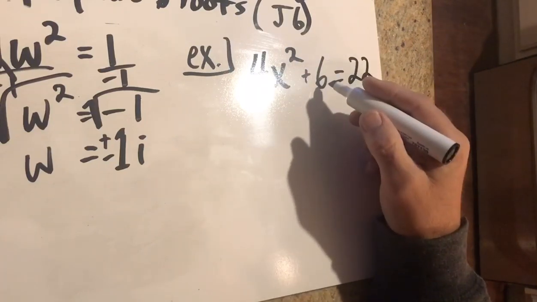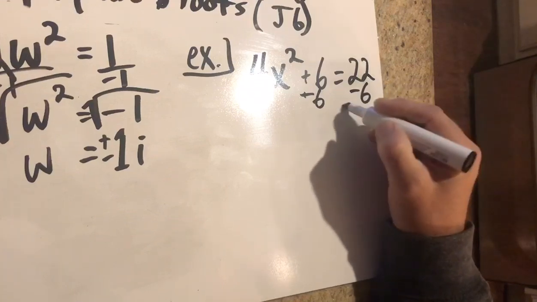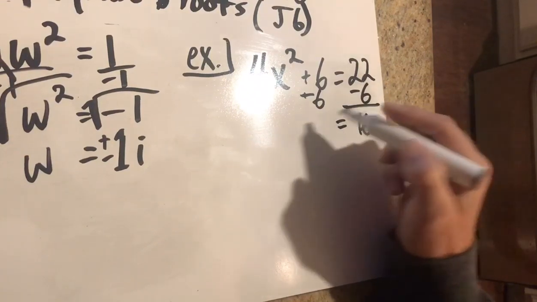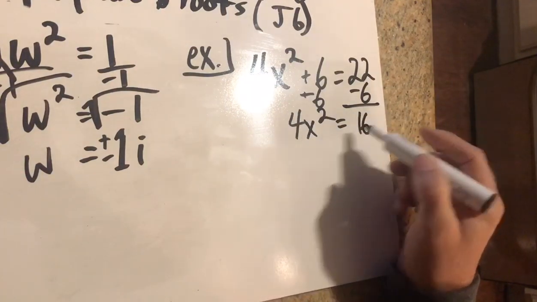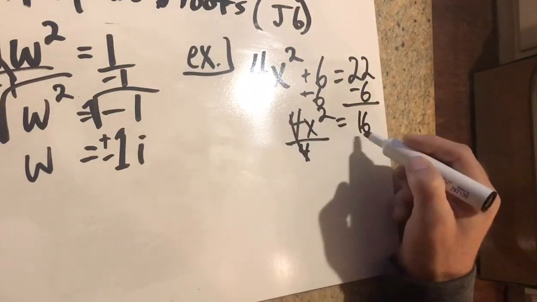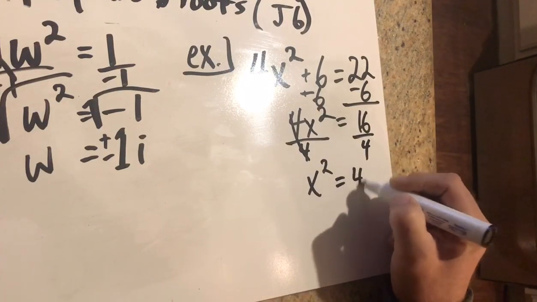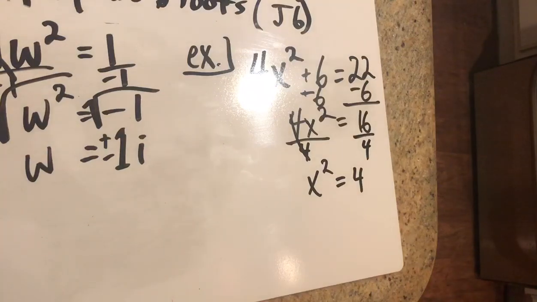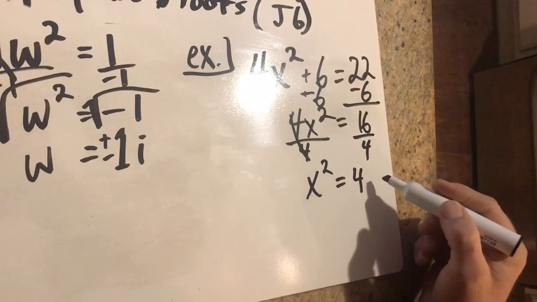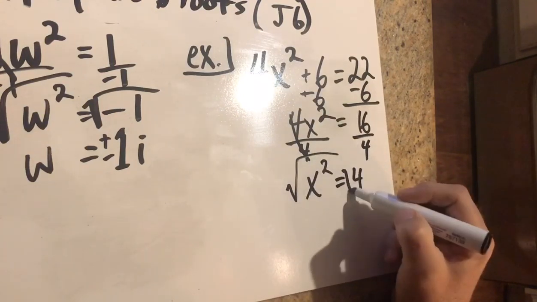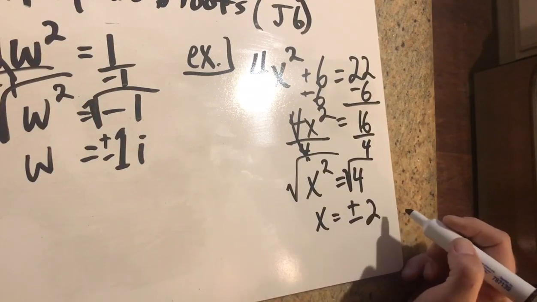So we're going to get rid of the positive 6 by subtracting from both sides. So we have 4 times x squared equals 16, divided by 4, and x squared equals 4. So the variable's isolated, so now you just take the square root. x equals plus or minus 2.